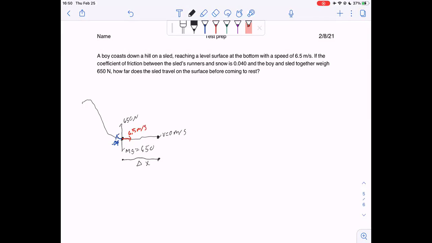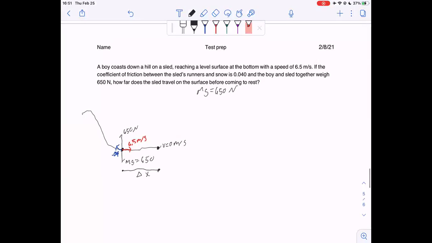So now we can write down everything. Mg is equal to 650 newtons. Our mu is equal to 0.04. Initial velocity is 6.5 meters per second. Our delta x is what we're looking for, and our final velocity is 0.